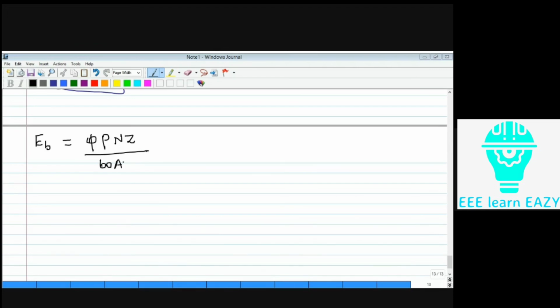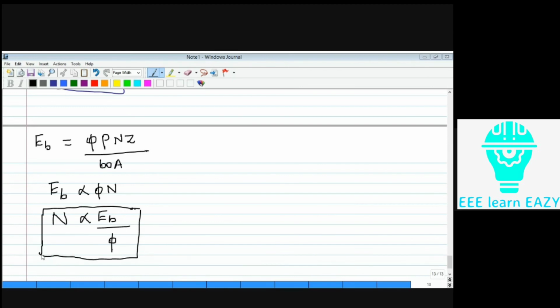So we can write the speed equation: EB is proportional to phi N. As long as you vary the flux and speed, EB is going to vary. We are interested in knowing the speed of the motor, that's a very important parameter. So N is proportional to EB divided by phi in the above equation. This is very important. Even in interviews, they'll ask, what are the parameters on which the speed of a motor depends?